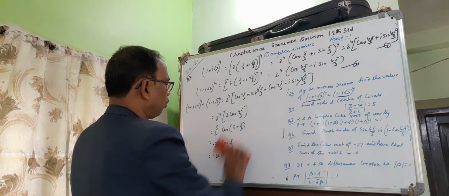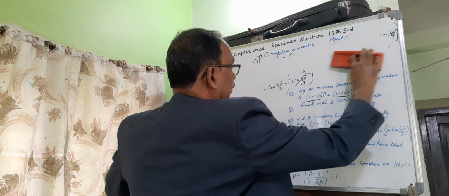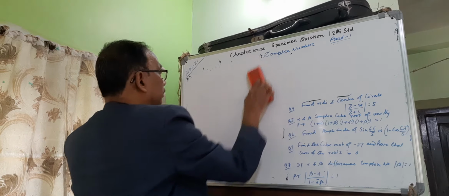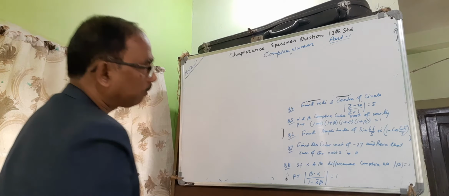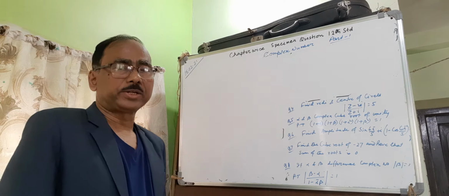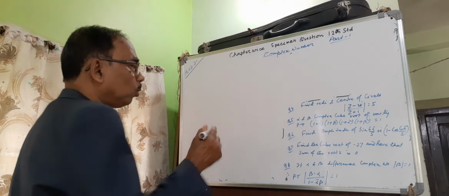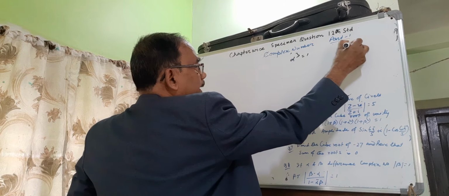Next, question number 4. Alpha and beta are complex cube roots of unity. We know alpha cube equals 1 and beta cube equals 1.